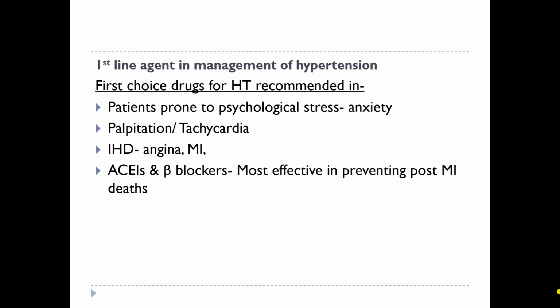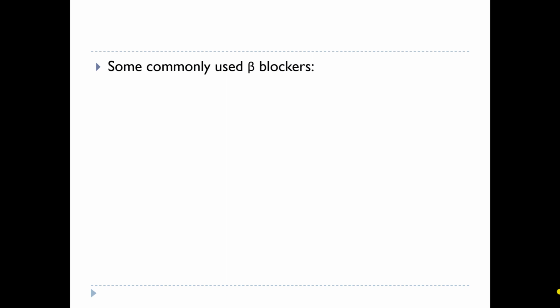ACE inhibitors and beta blockers are most effective in preventing post-MI deaths. That is why they should be used whenever there is simultaneous hypertension with MI. They are safe in pregnancy, especially beta 1 blockers and ISA agents.